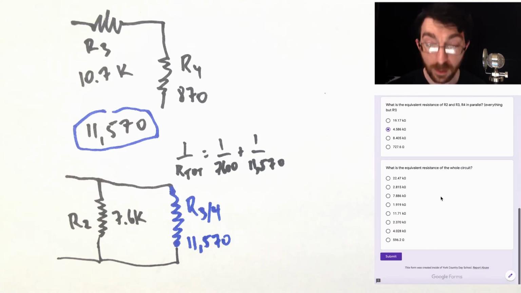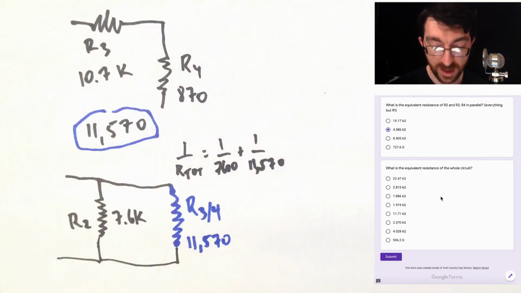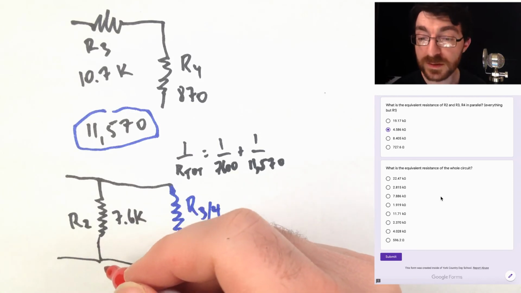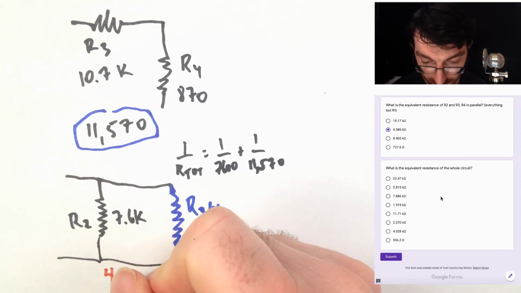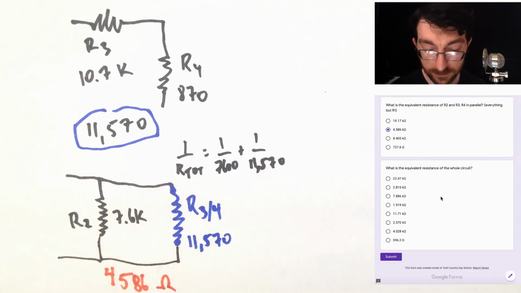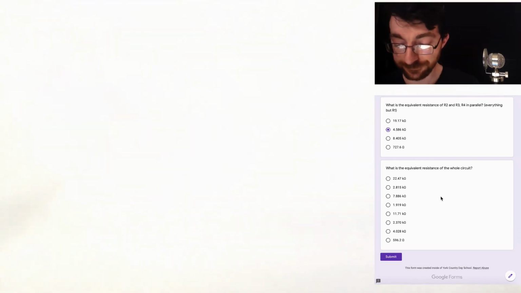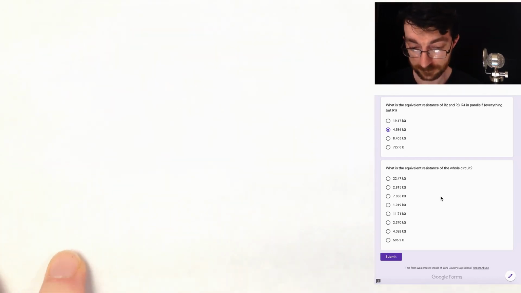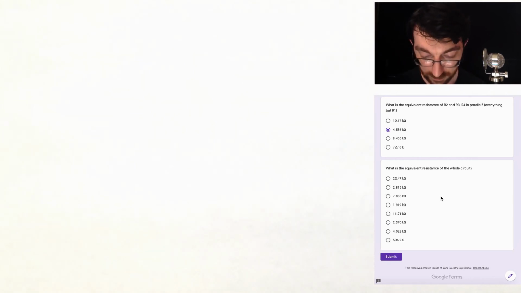Okay, what is the equivalent resistance of the whole circuit? Okay, so once again, we've got this huge thing that we can replace with a single resistor whose resistance is 4,586 ohms. So that final phase is going to look like this. Okay, I need to remind myself what the circuit looked like.